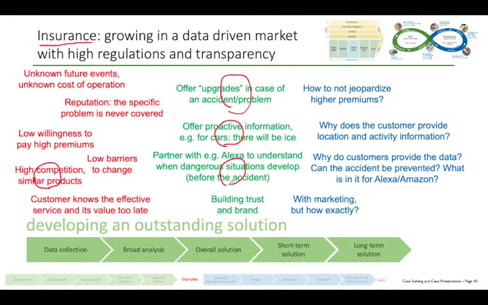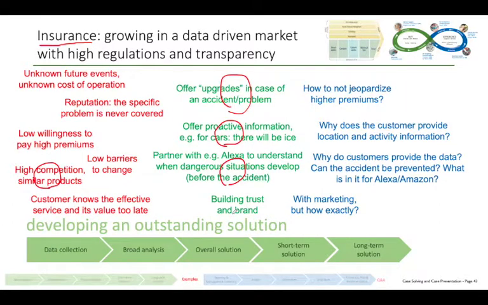Similar question as before: why would the customer provide such data? Can an accident be prevented with such data? And in the specific case, what is in it for Alexa, Amazon? So we bring a second partner into the picture that requires some benefit for himself.